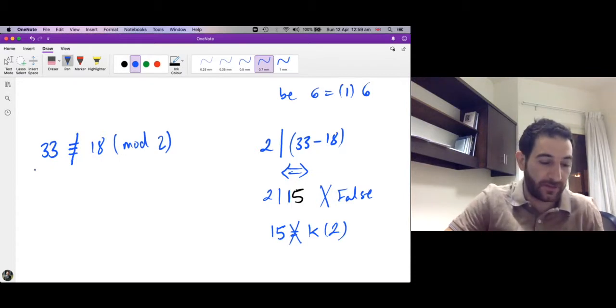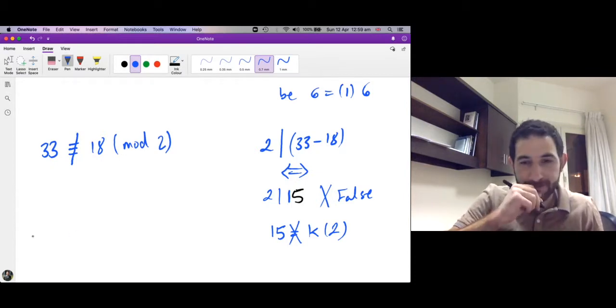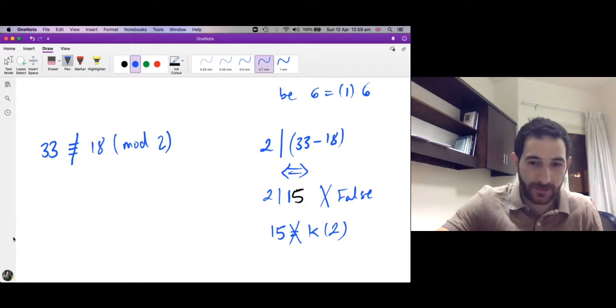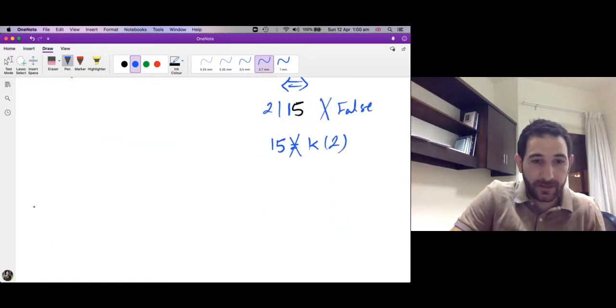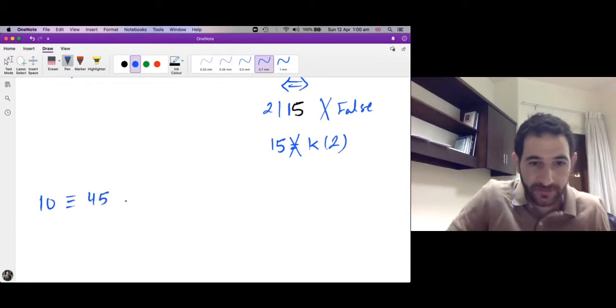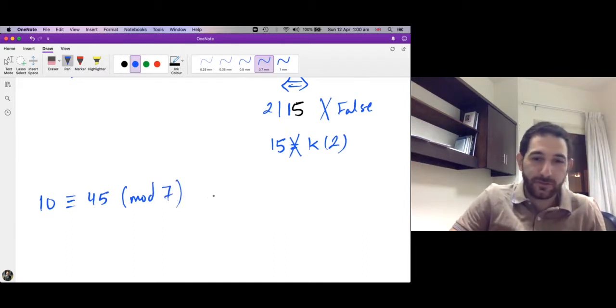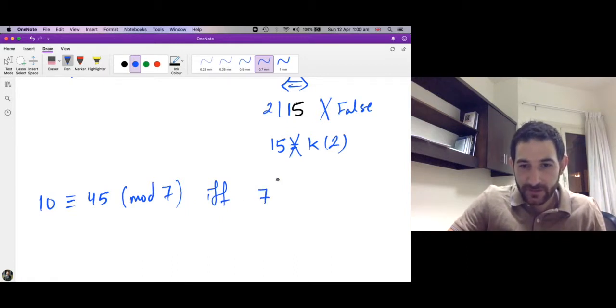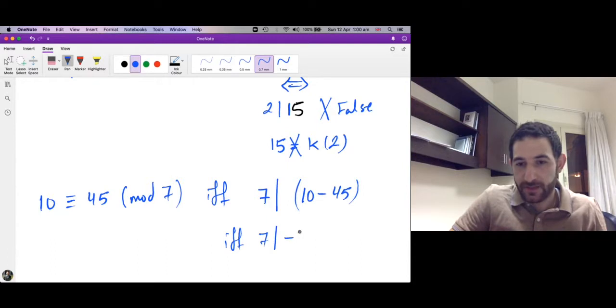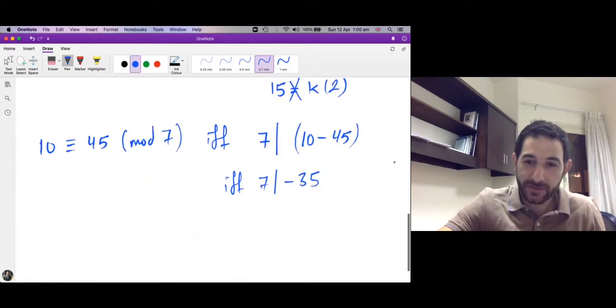Let's take another example. 10 is congruent to 45 modulo 7. This is true. By definition, if and only if 7 divides the difference, which is 10 minus 45. And this is true if and only if 7 divides negative 35.